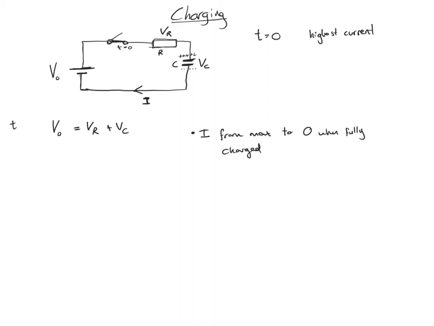Now let's talk about the charge as well. Now we know at time 0 there's no charge on the capacitor plate, so charge is 0 to begin with, and then it increases to the maximum value that it can store. So in this case, charge increases across the capacitors. Current is through the whole circuit, so through the resistor and through the capacitor.